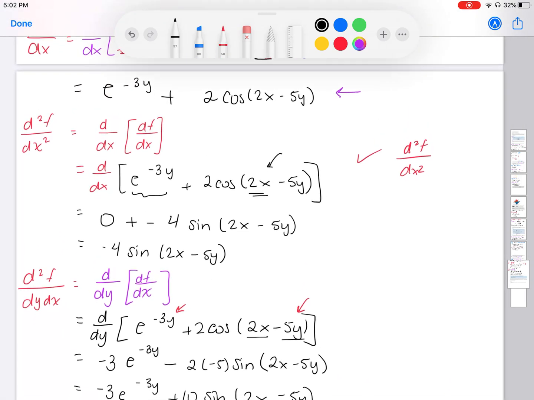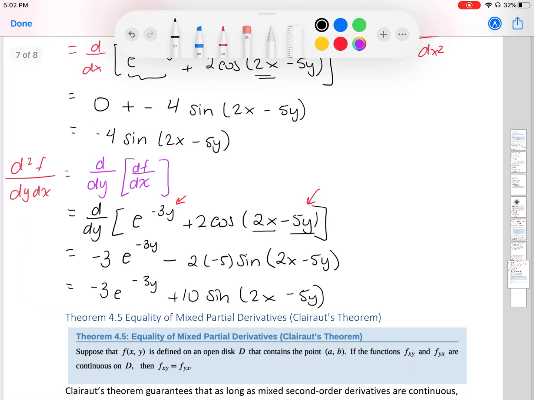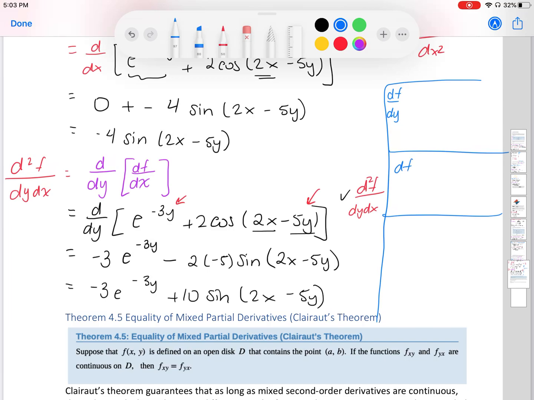Okay, we're almost done. We found one of our other partial derivatives. We found d squared f of dy dx. Okay, now you have two more to do. You want to take the derivative of y, and then you want to apply that second derivative. And then once you do that, you want to take the derivative of your derivative of y in terms of x.